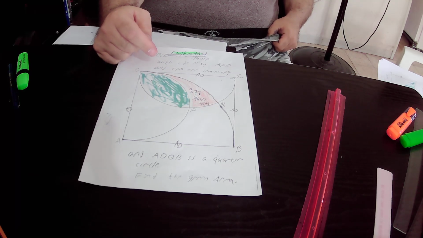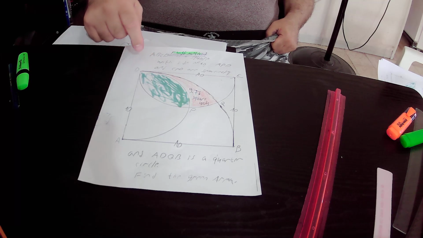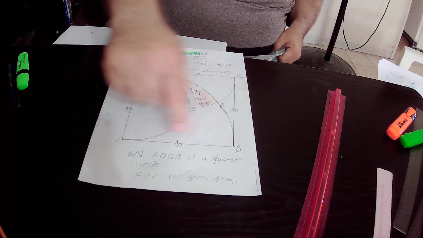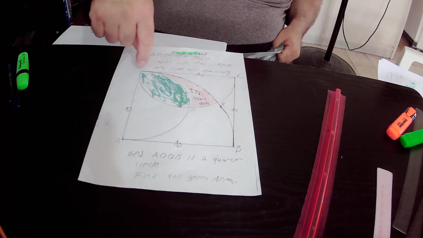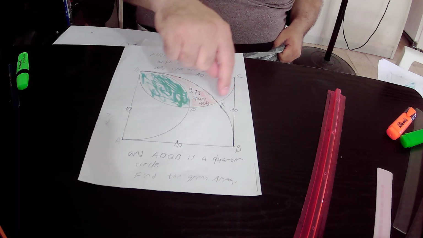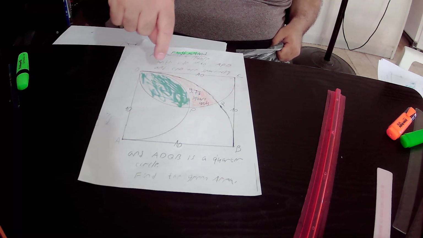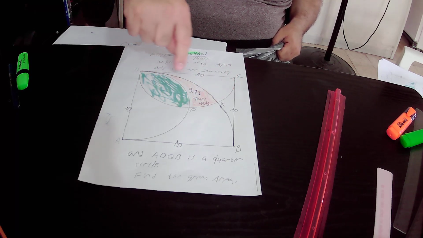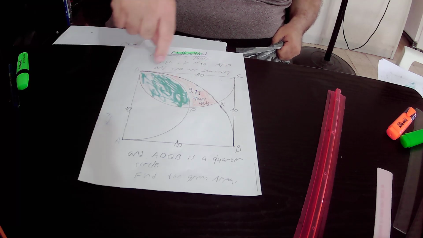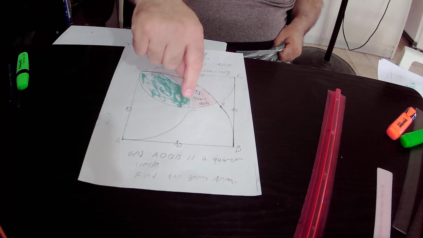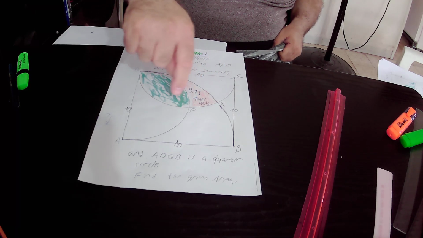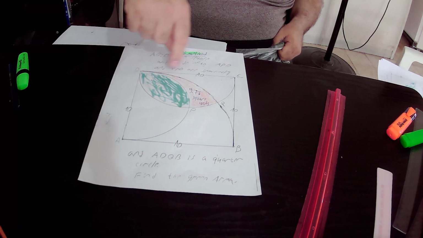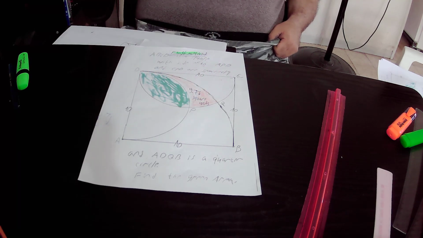In addition, we have the quarter circle ABE, DQ that intersects with this semicircle CPD at 90 degrees, and they create the common area that is the big lens.